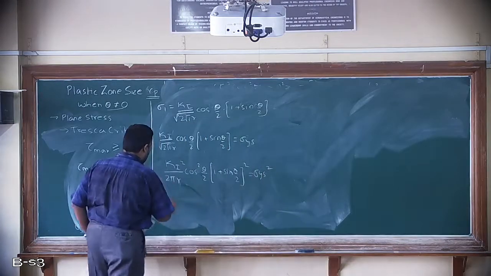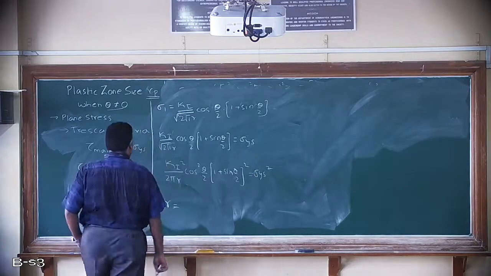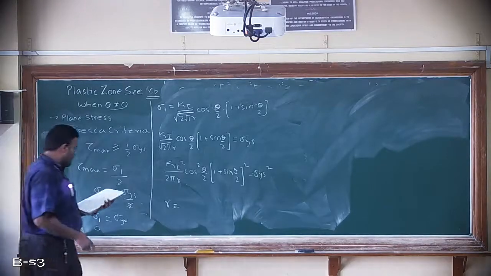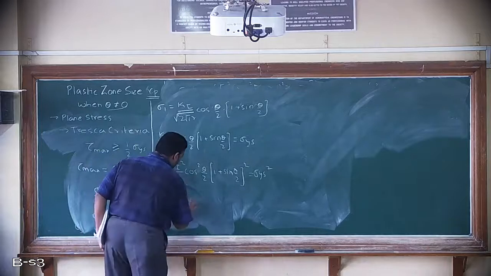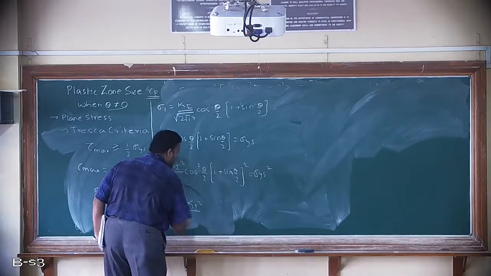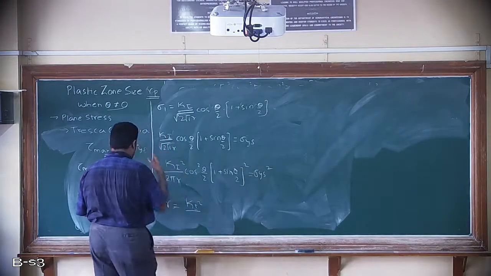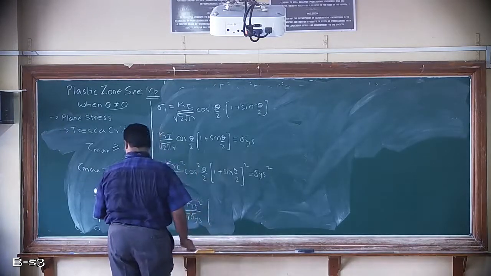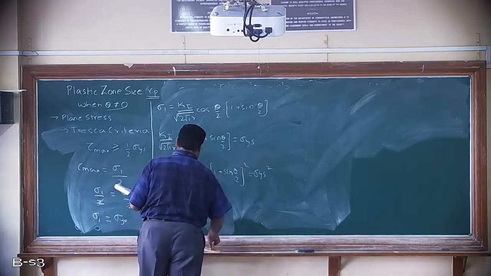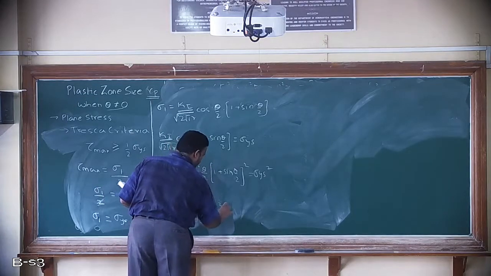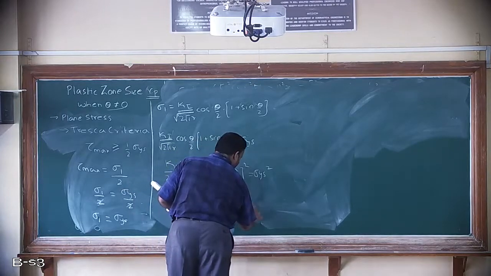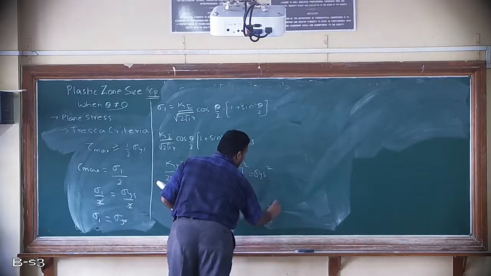So with it I can determine the expression for r. Simplifying this, the value of r will be KI square upon 2 pi sigma ys square into cos square theta by 2 into 1 plus sin theta by 2 the whole square.